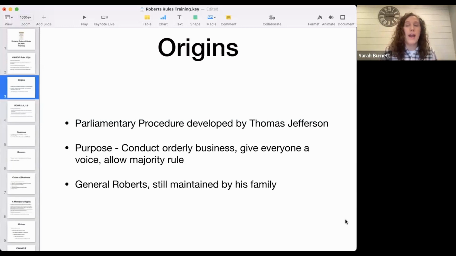The order and the respect that we have in our legislatures and in our parliamentary procedure is an American principle, and that's why you'll hear them refer to, the senator this, or in Robert's Rules, you should always say Mr. Smith or Chairman Smith, calling them by titles, not by first names.